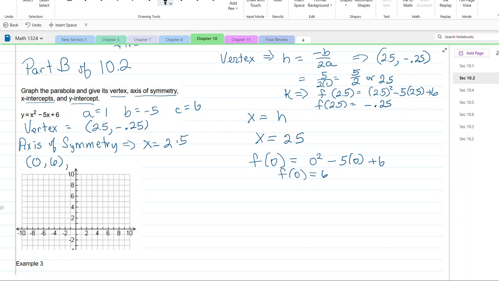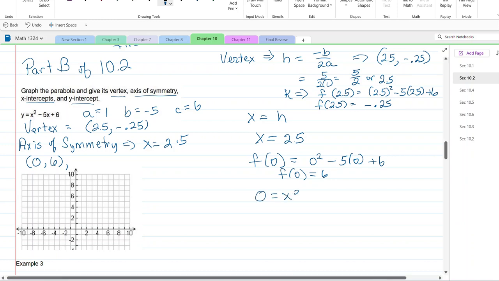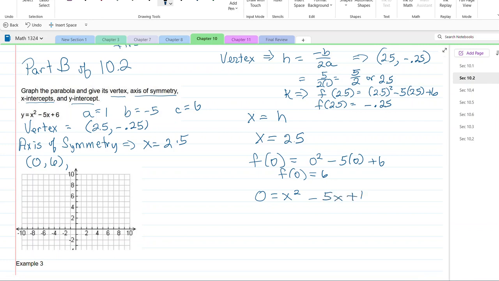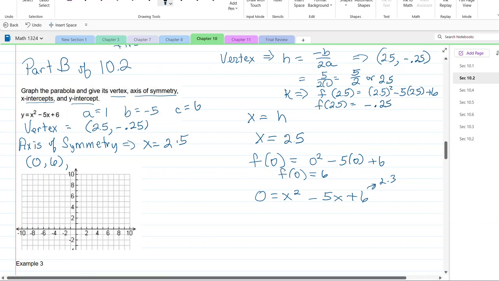Then I want my x-intercepts, a little bit more difficult, but not bad. 0 equals x squared minus 5x plus 6. Now, for me, this is a factor. 6 is 2 times 3, and if I add them, I get the negative 5.